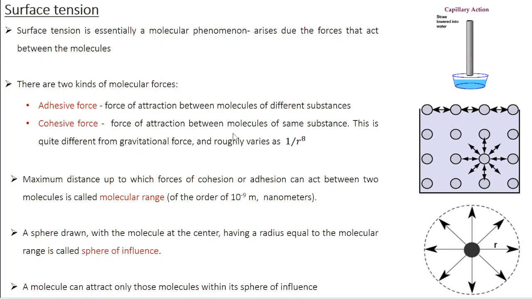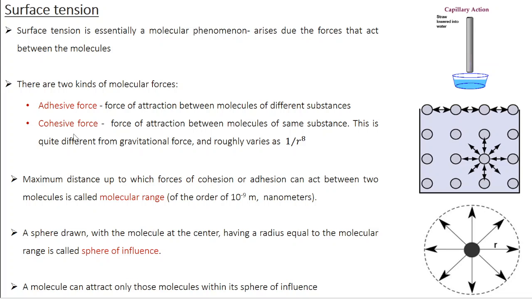One thing you have to remember, this is different from gravitational force, because we know that if you take any two objects of mass m1 and m2, there is always a gravitational force of attraction between them, and the force is given by G m1 m2 by r squared. Okay, so gravitational force has a 1 over r squared dependence.